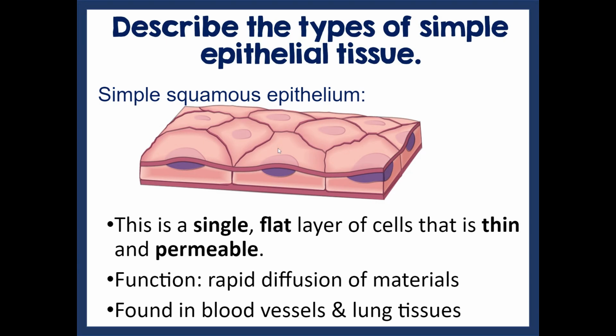That oxygen is going to cross through very rapidly and enter into your blood vessels. And then that blood carries the oxygen throughout the rest of the body. So this is simple squamous epithelium.